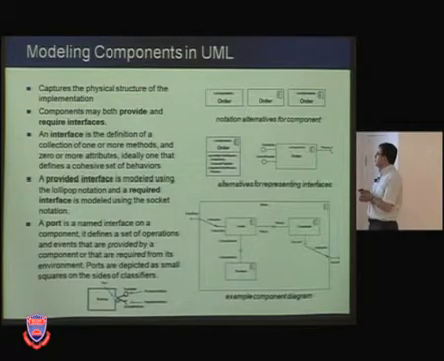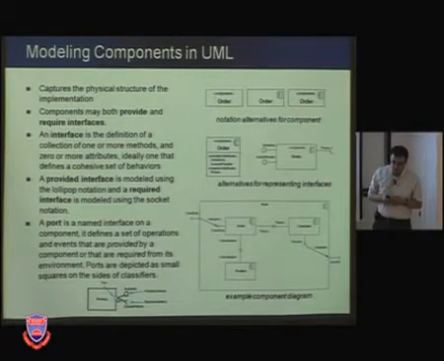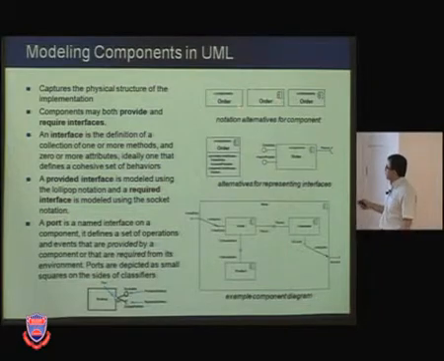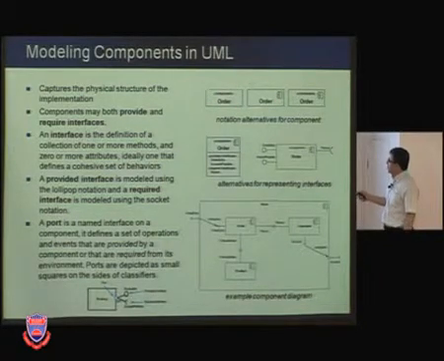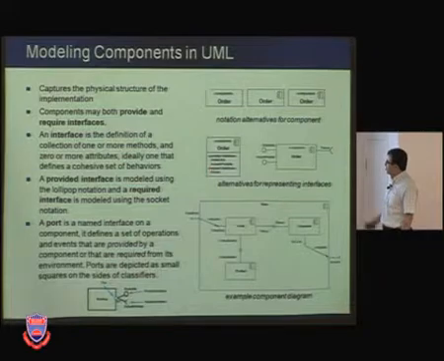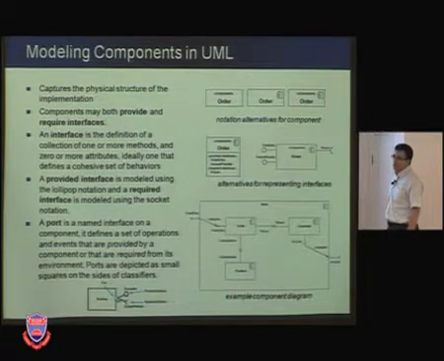So how do you model components in UML? There are alternatives for components: either you use a stereotype, or like this, or a stereotype and a symbol. Alternatives for interfaces: either textually, where you provide a stereotype, provided interface, required interface, or visually, where you have a lollipop for the provides interface and the socket for the required interface.